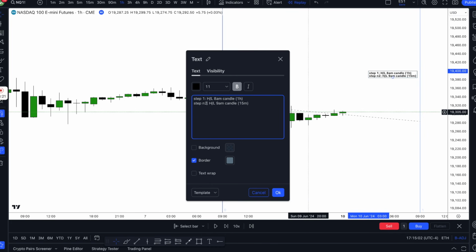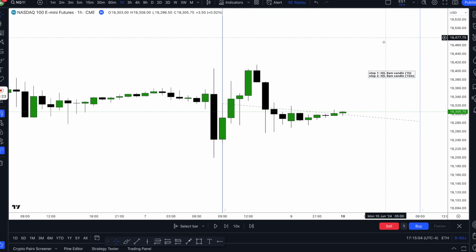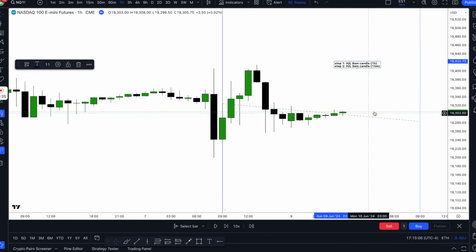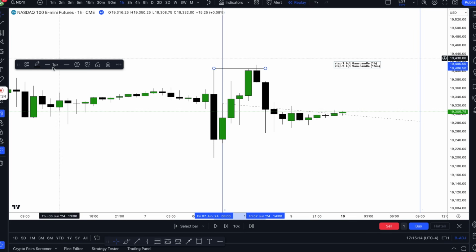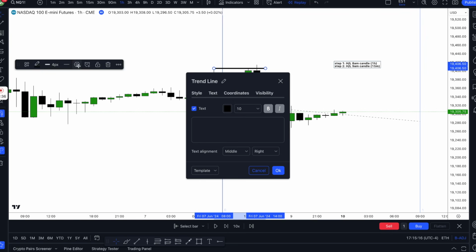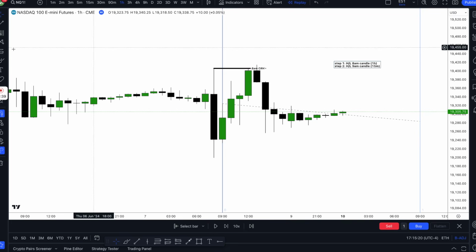With that being said, take out our trend line: the 8 a.m. candle range high and the 8 a.m. candle range low.